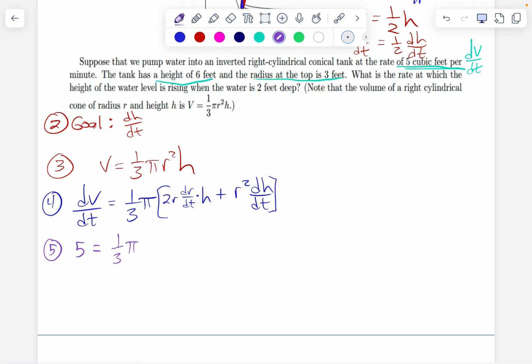And then 1/3 pi. 2, and we don't know r, but we know that it's half of the height. And we don't know dr/dt, but we know that it's half of dh/dt. And then we have h plus, again, we have 1/2 h, whole thing squared, as a substitute expression for the radius. And then dh/dt again.